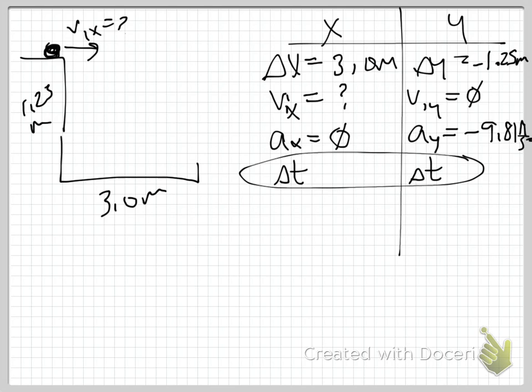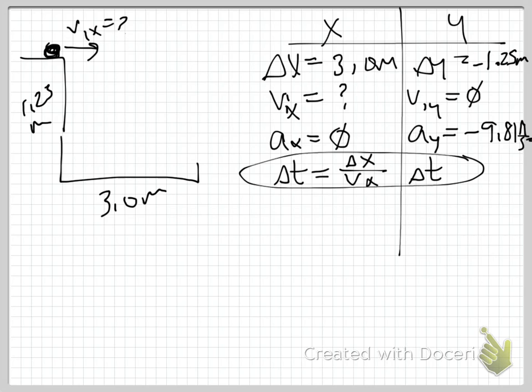So, again, you can go either direction on this. I tend to create the expression on the x-axis because there are fewer variables. So delta t equals delta x divided by v sub x.